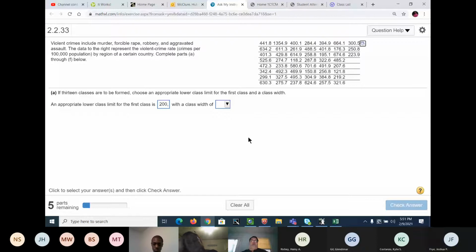All right, so let's go back and see what they asked for. An appropriate lower class limit would be 100 with a class width of 10. Well, they don't give you a class width, so I would say probably 50. Now, I may be totally wrong, but I sure as heck wouldn't go with 1,000.